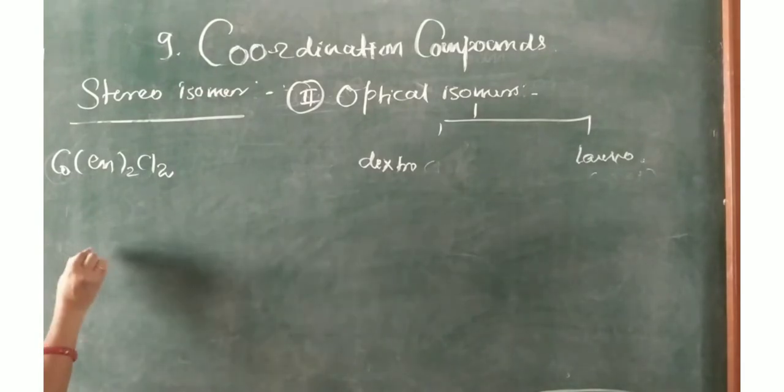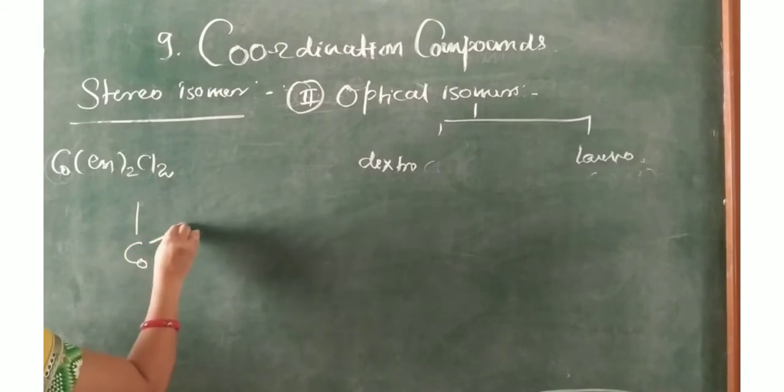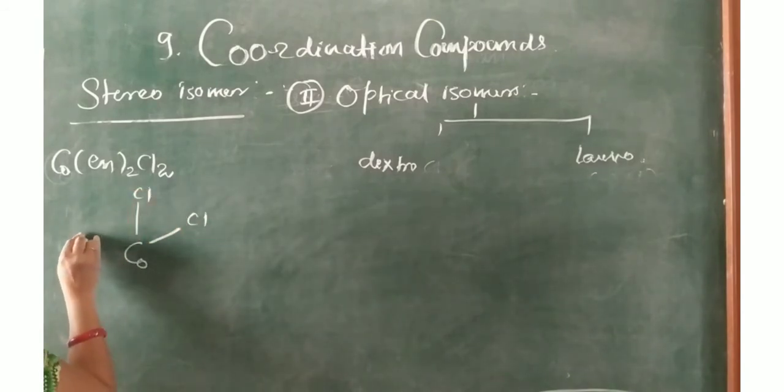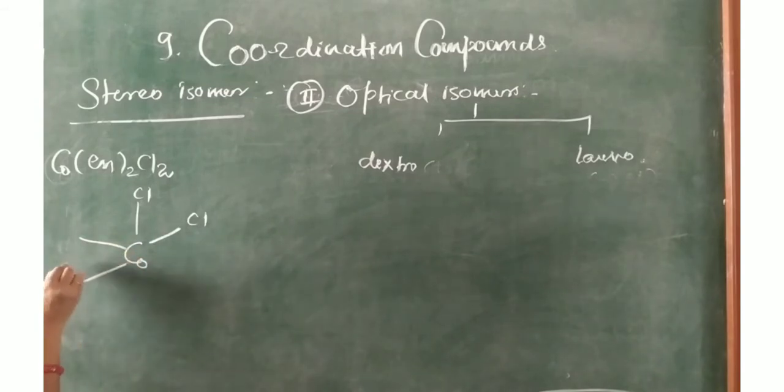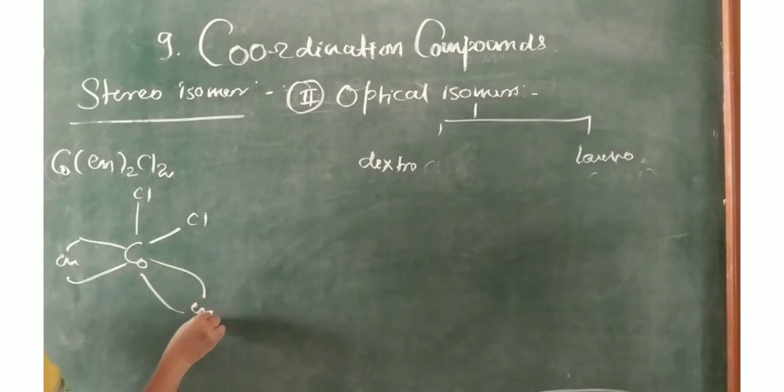Now here first this Co, Cl, Cl, en, and this is also en.